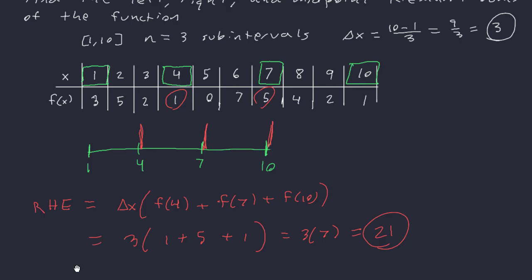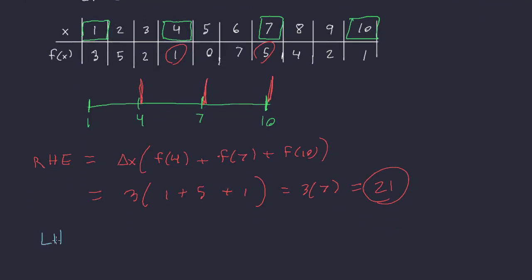For the left-handed estimate, we are going to instead use 1, 4, and 7. So it'll be delta x times f of 1 plus f of 4 plus f of 7.